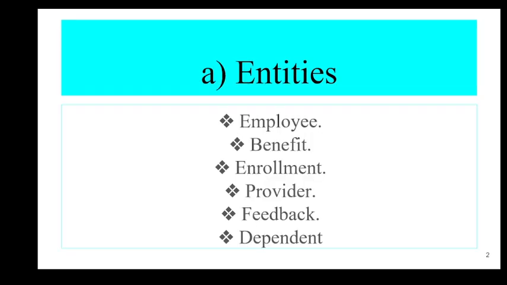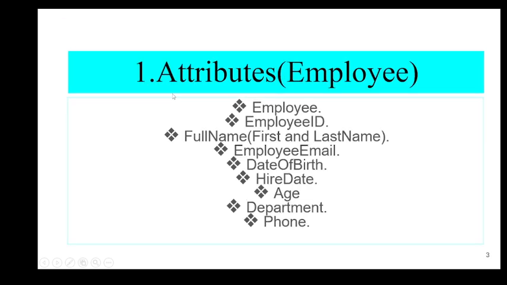So from here we are going to extract the attributes of these entities one by one. Starting from employee, we extracted this, whereby we have employee ID, which is going to be a primary key when we do the mapping in the next step.